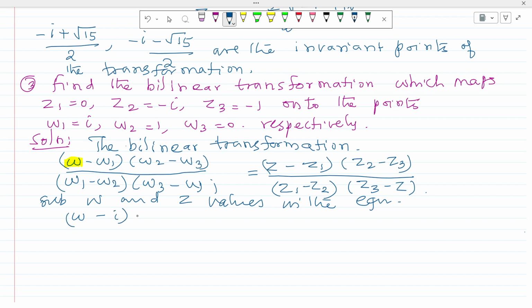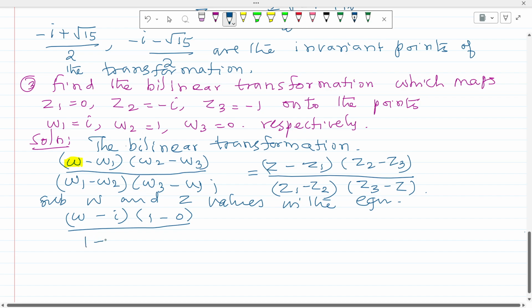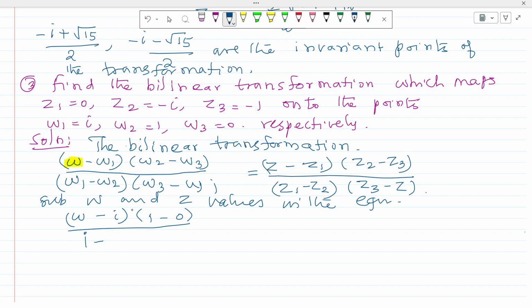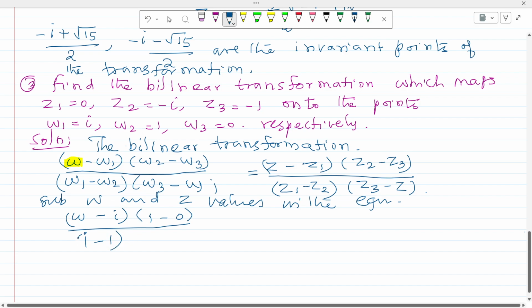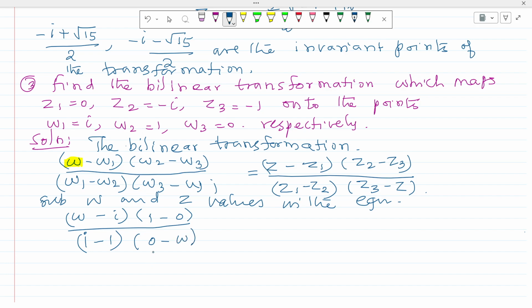W2 is 1, W3 is 0. Divided by W1 minus W2, which is i minus 1, then W3 minus W, which is 0 minus W. Keep W as W, the remaining things are given in the problem.